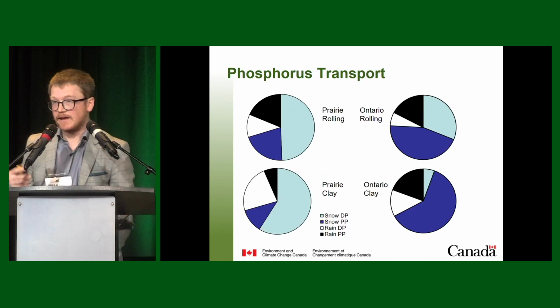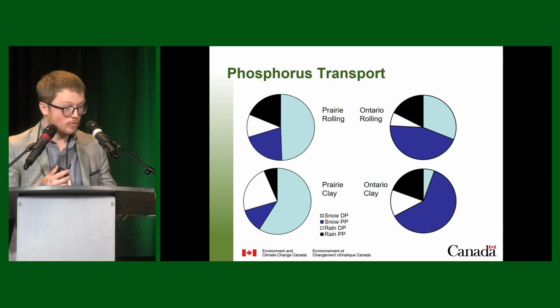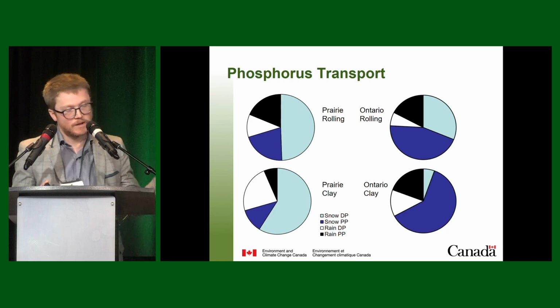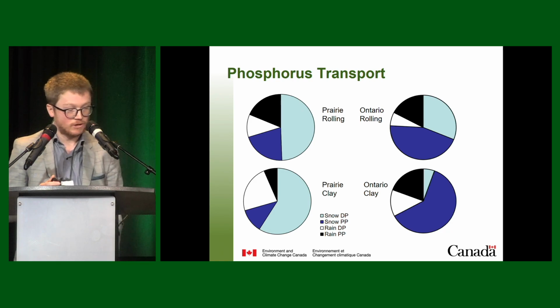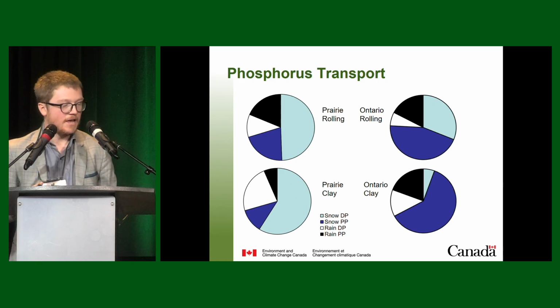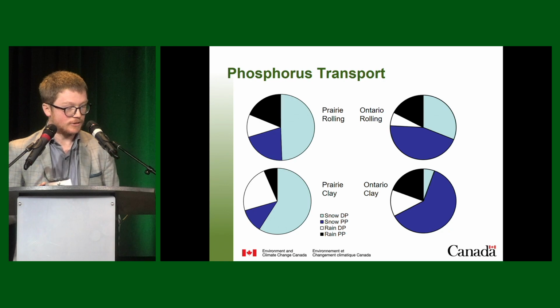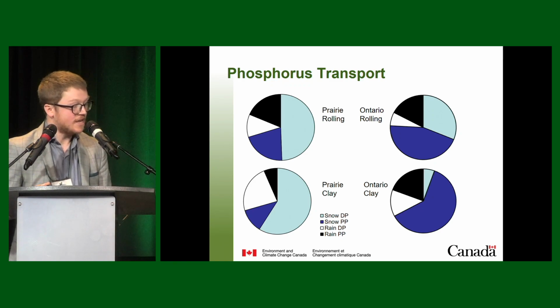Now looking again at phosphorus transport, but comparing the Manitoba versus Ontario. So the pie charts on the left are the same as what I showed previous, but when we look at the Ontario condition, a site with rolling topography on the top and relatively level with clay texture on the bottom. So if we compare the two rolling sites, what we notice, of course, is the increased particulate fraction in the snowmelt.